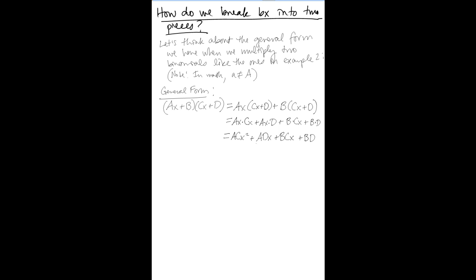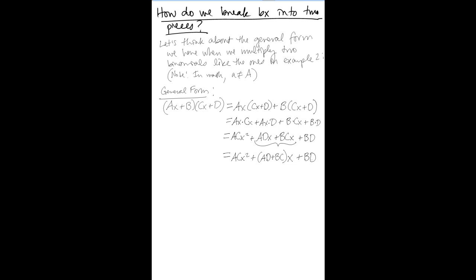And you'll notice the same pattern. This is what we're trying to figure out. These two are like terms here, so we're going to have to add them together. So what we'd get is AC times x squared plus AD plus BC, we add the two coefficients, times x plus BD.